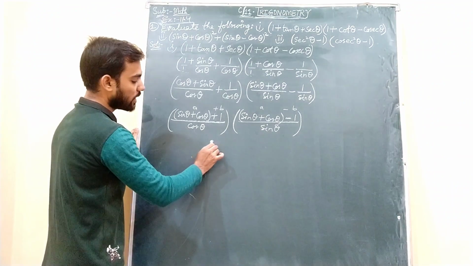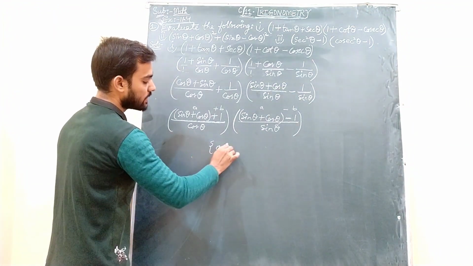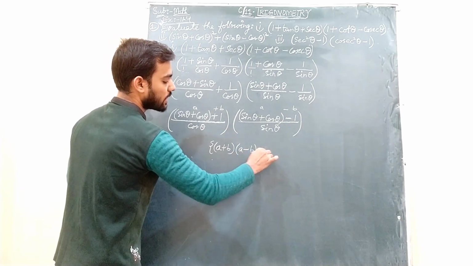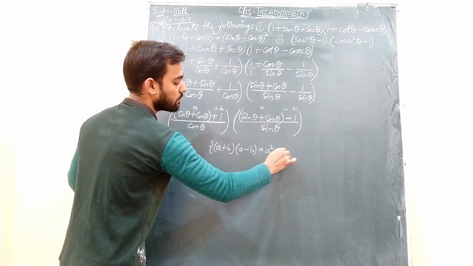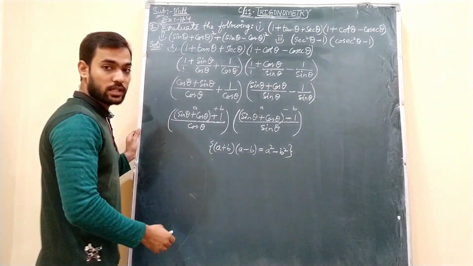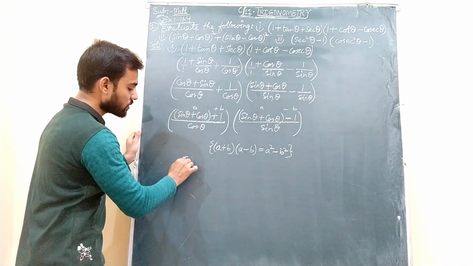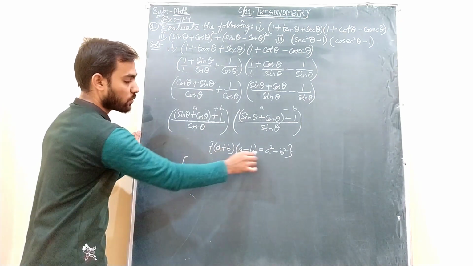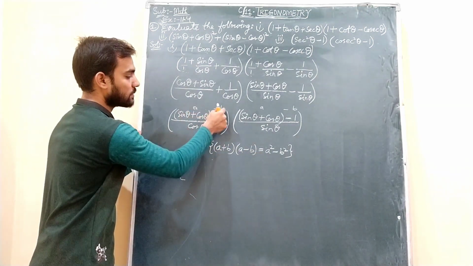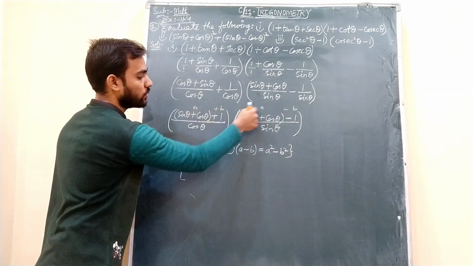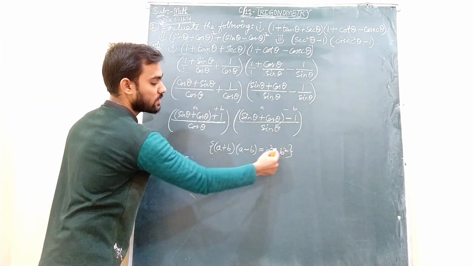Okay. You have one formula. Whenever you have a plus b into a minus b, that will become a square minus b square. Okay, students. So what we have to do here? This is here completely a. Okay. So in next step I will write a square, because this is like a plus b into a minus b. A plus b into a minus b will become a square minus b square.